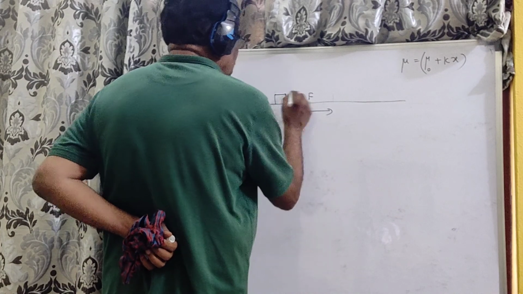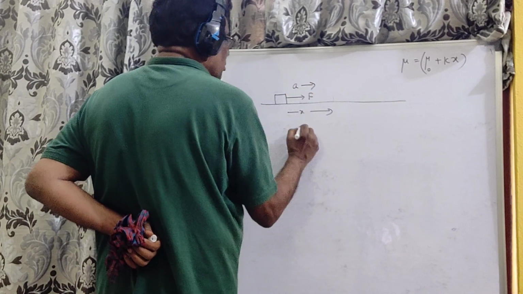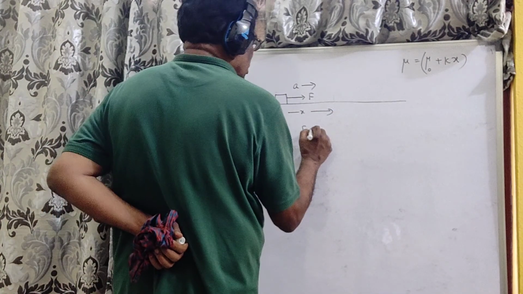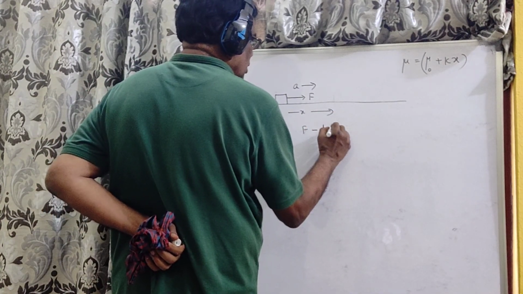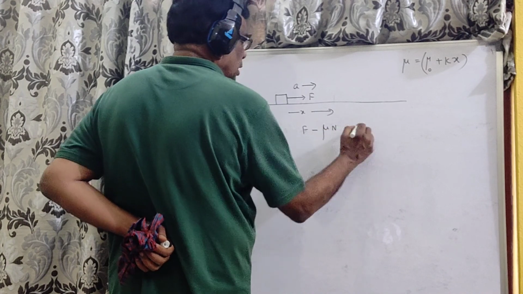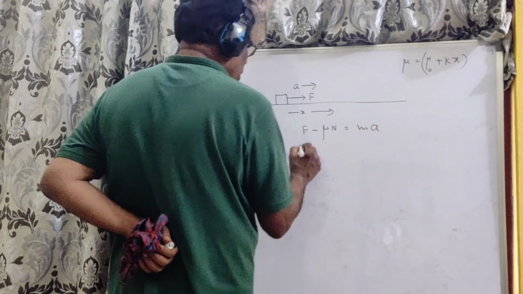Therefore, what is the acceleration? F minus Fk, where Fk is mu N. So F minus mu N is equal to ma.